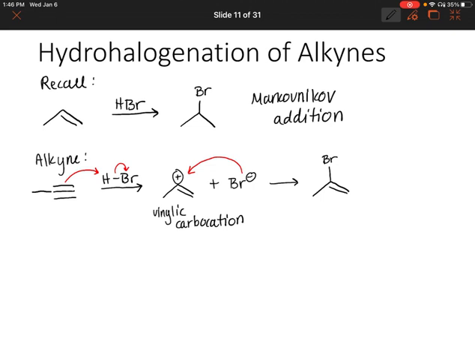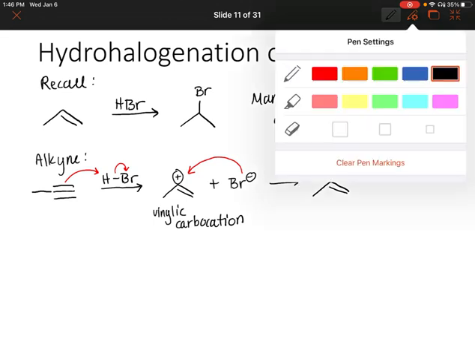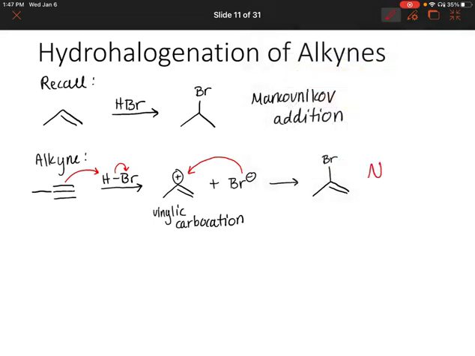So scientists determined that this mechanism for an alkyne is not correct. So alkynes actually go through a different mechanism than alkenes.